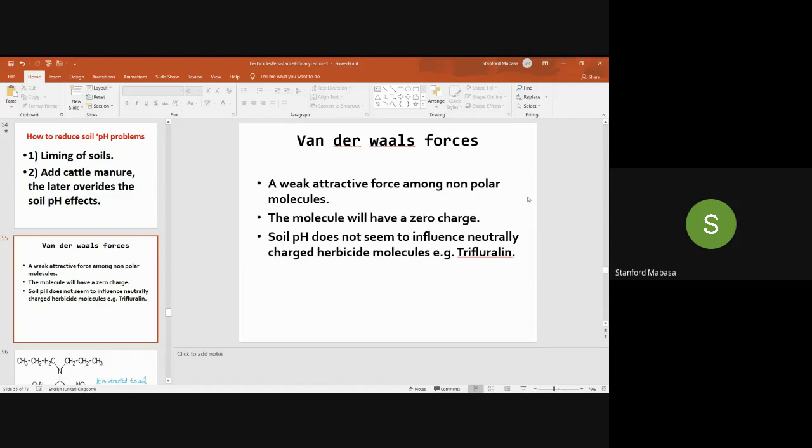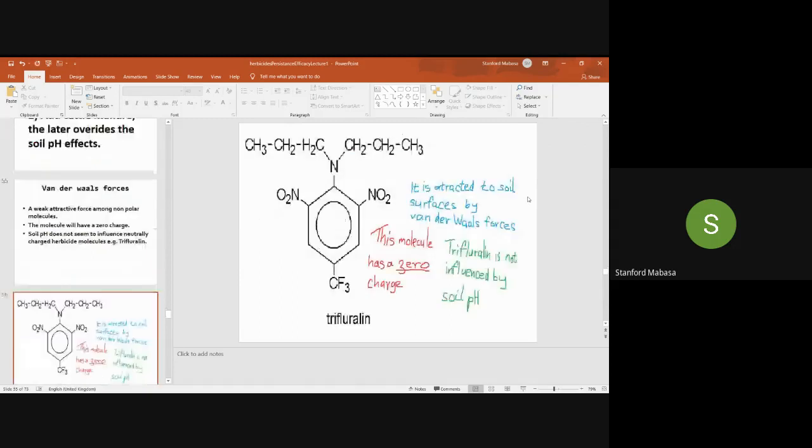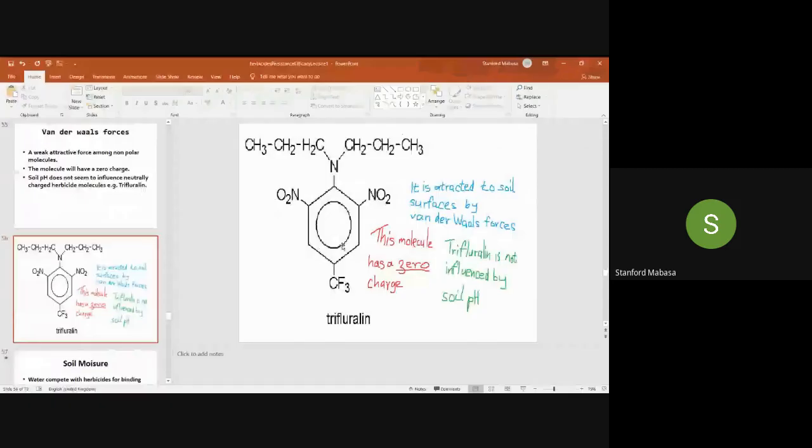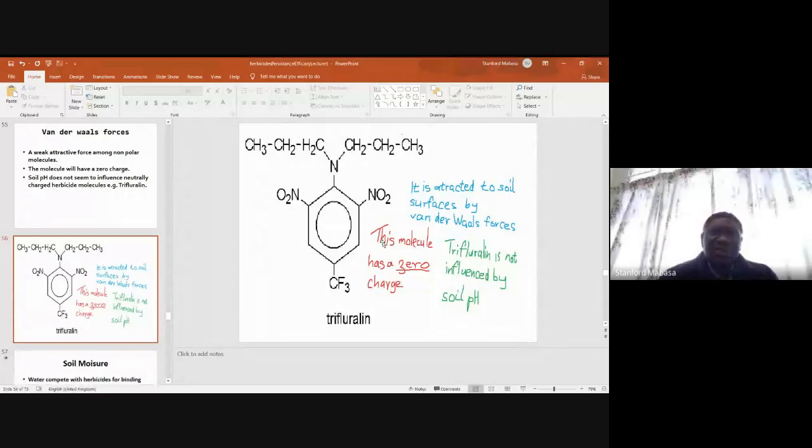So soil pH does not influence neutrally charged herbicides, for example, trifluralin. This is trifluralin with a zero charge. So this one is not influenced by soil pH. It is attracted to soil surfaces by what are known as van der Waals forces. So this kind of herbicide may not be influenced by changes in soil pH.